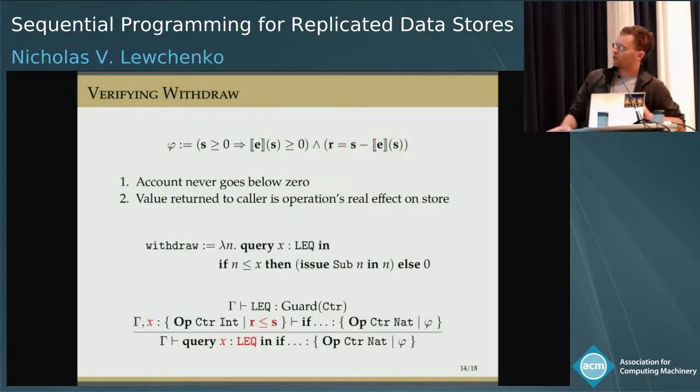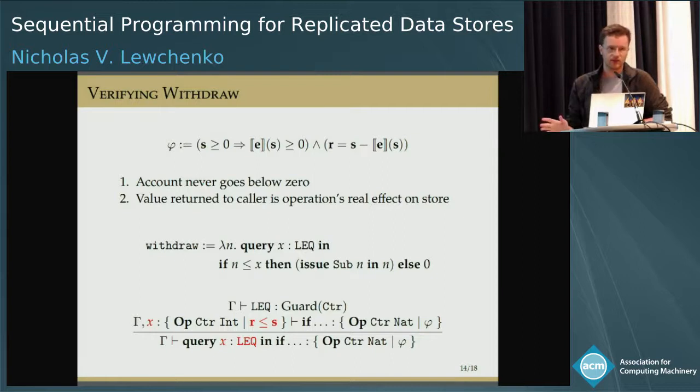So again, we have our withdraw operation. And this is basically what the type checking looks like for it. The important rule here is for the query term, where we just add X to the context and include that refinement that we have about X based on the guard that we used.